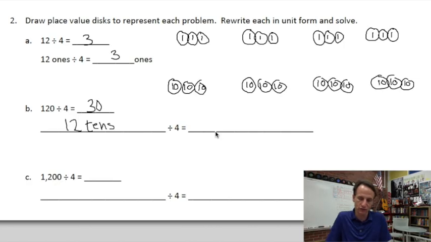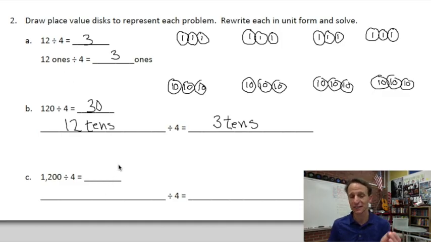If I handed you 12 $10 bills, 12 $10 bills would equal $120. And I put them in 4 equal groups. There are 3 tens in each group. That's unit form, 3 tens. All right, so you see the connection here. 12 ones, 12 tens, divided by 4 equals 3 ones, 3 tens.